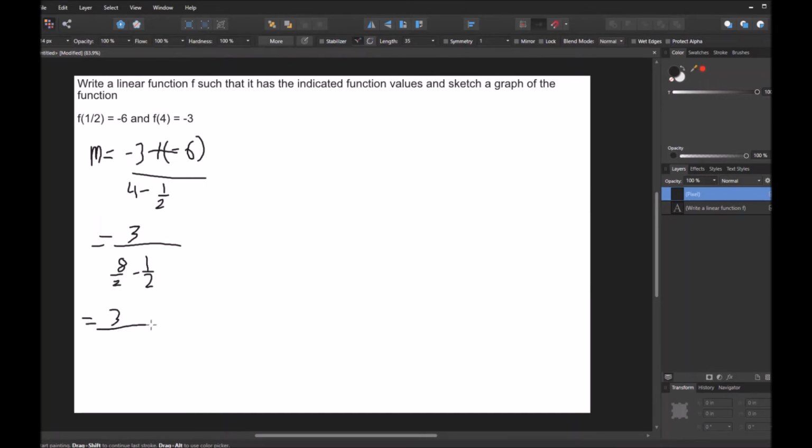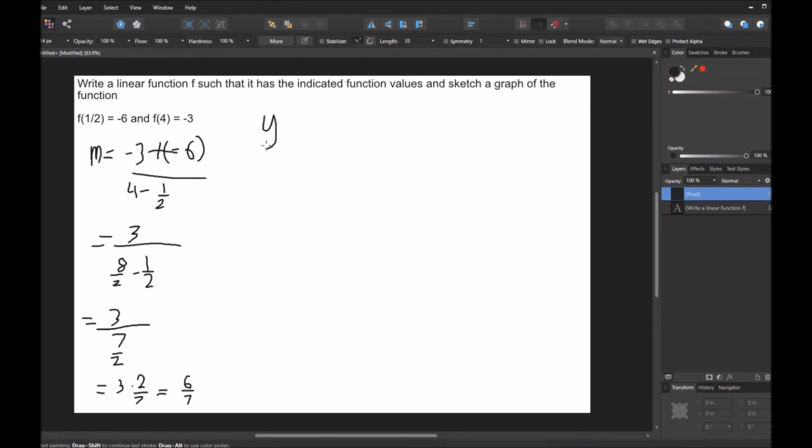So that's going to be 3 over 7/2, which, if you remember, dividing by a fraction is the same thing as multiplying by that fraction's reciprocal. So 3 divided by 7/2 is the same thing as 3 times 2/7, which gives us 6/7. So that's our slope.